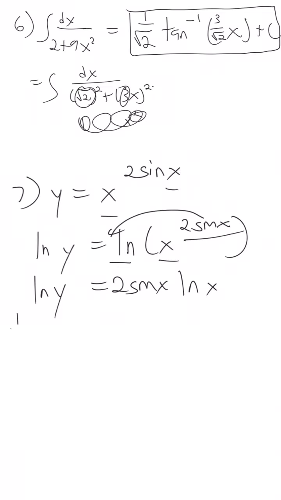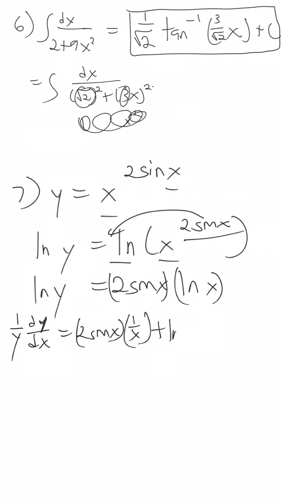All right, next we d/dx both sides. So we get 1 over y dy/dx plus differentiation. This is a product of functions, so you're going to get 2 sine of x, my first, times the derivative of the second, plus the second times the derivative of the first. Okay, great.